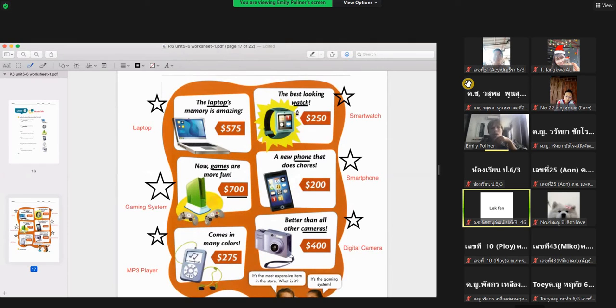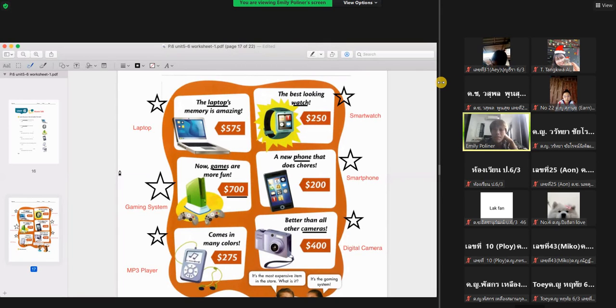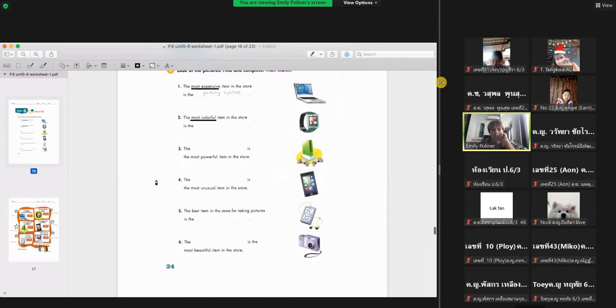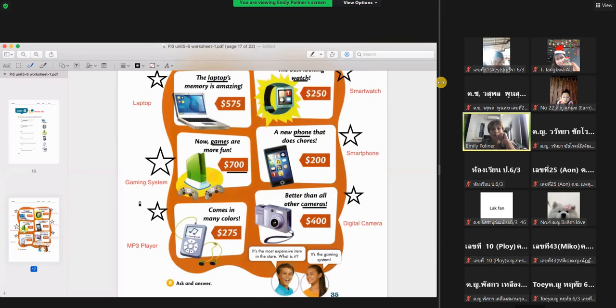Okay, so the smartwatch is the best looking watch, but do you see the word colors somewhere on this page? Which one says that it comes in many colors? Because our question is the most colorful item. Which one comes in many colors?